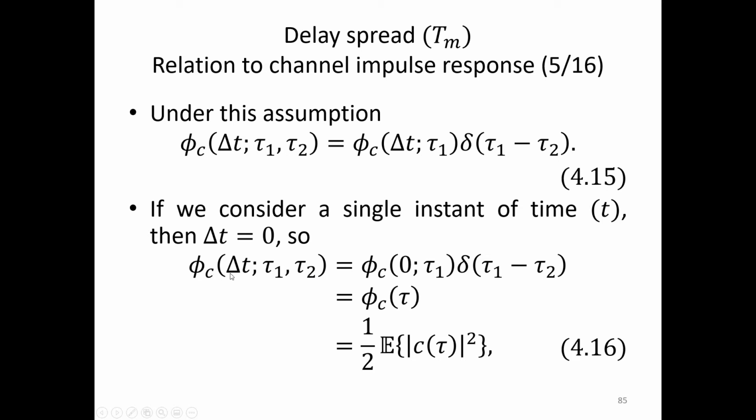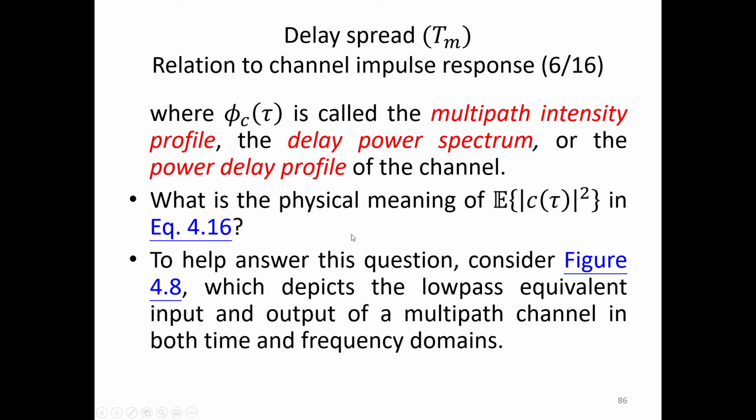Okay, this phi c of delta t, tau 1, tau 2 is equal to 1/2 times the expectation of the square of the absolute value of c of tau, where phi c of tau is called the multipath intensity profile, the delay power spectrum, or the power delay profile of the channel.